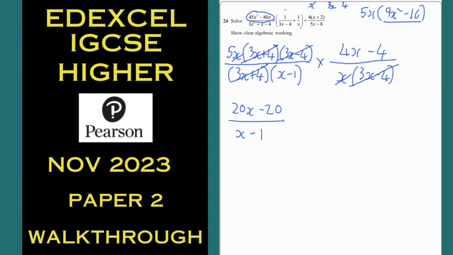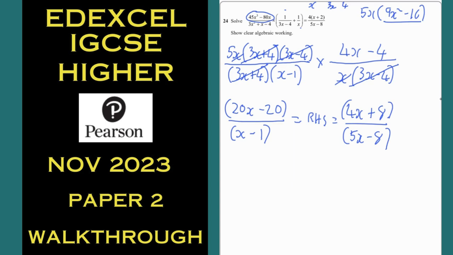We can now set that to be equal to the right-hand side. In other words, 4x plus 8 all over 5x minus 8. And let's get it all on a level. Let's times both sides by 5x minus 8.